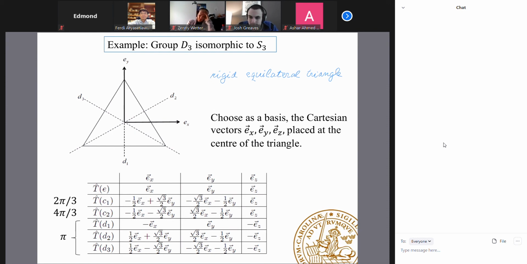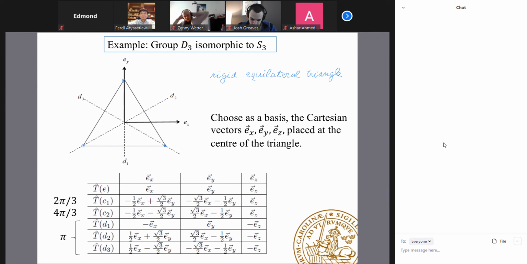Yes, so it's okay. So this is the visualization of the group S3, if you like, and it's kind of obvious that it is isomorphic to the group S3, because when we make a rotation, it just means that we bring all these three points into each other. So that's just like a permutation.